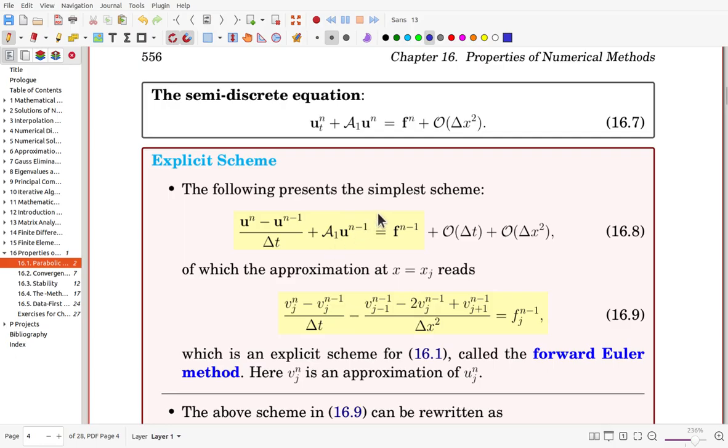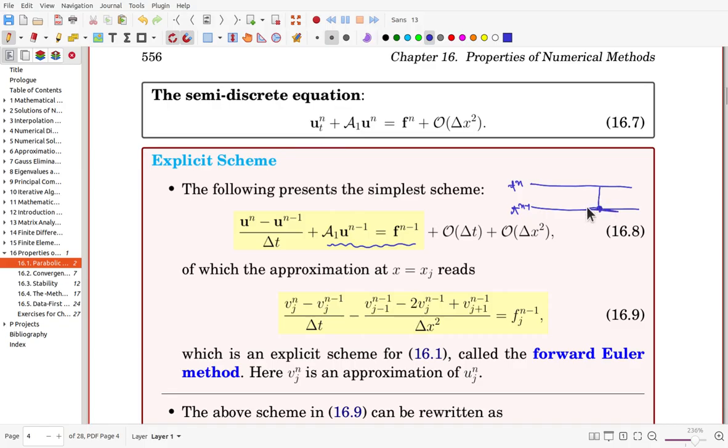The reason is, in the nth space-time slice, we now focus on only two time levels. This is t_{n-1}, this is t_n. Everything here is evaluated at the lower level, and the time derivative u_t is approximated from here to there.